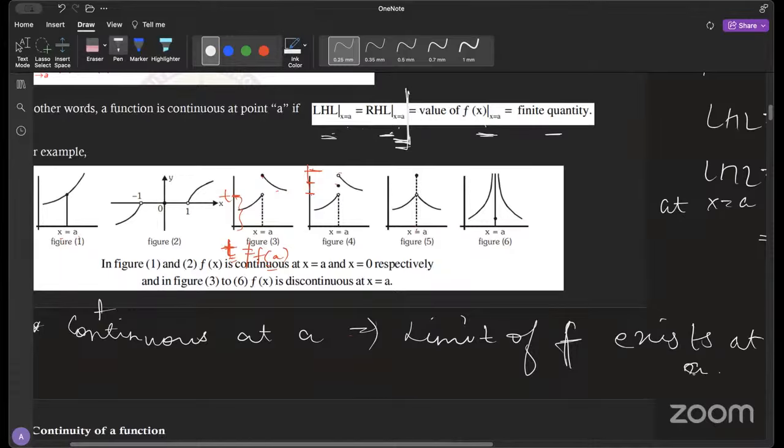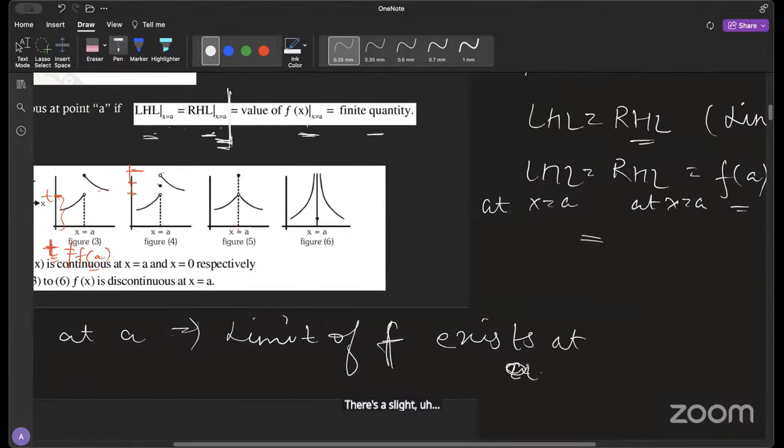Yes. But there's a slight note that you need to keep in mind, which is this only happens, limit of f exists at A, only when you have points to approach A. We'll just come to what I meant. Let's just do this example first, and then I'll come to that point.